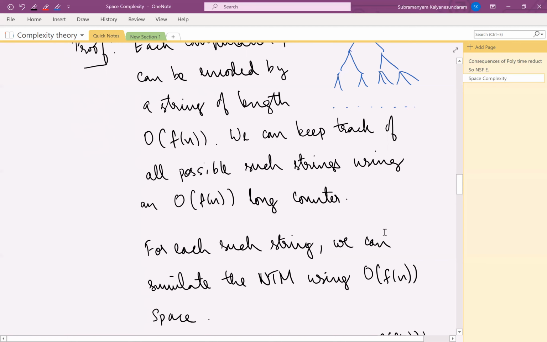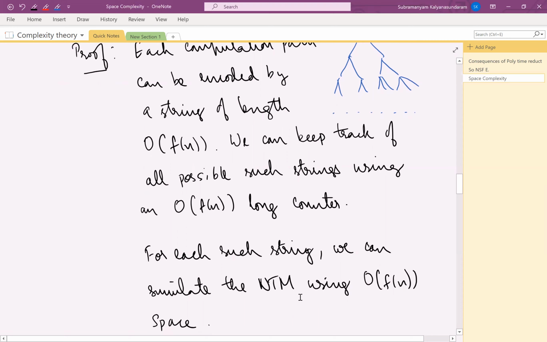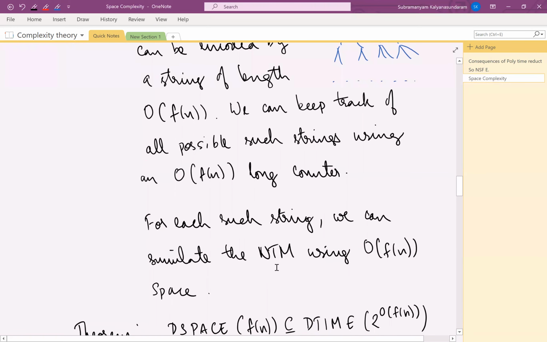And even for simulating the non-deterministic Turing machine itself, we need order f(n) space, because to simulate it we require some space that corresponds to the head of the non-deterministic Turing machine. So both the simulation and the counter require order f(n) space.